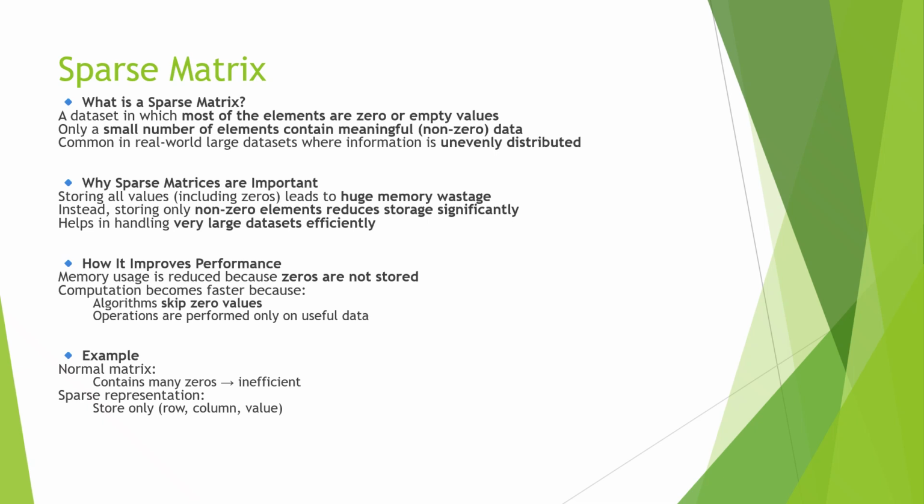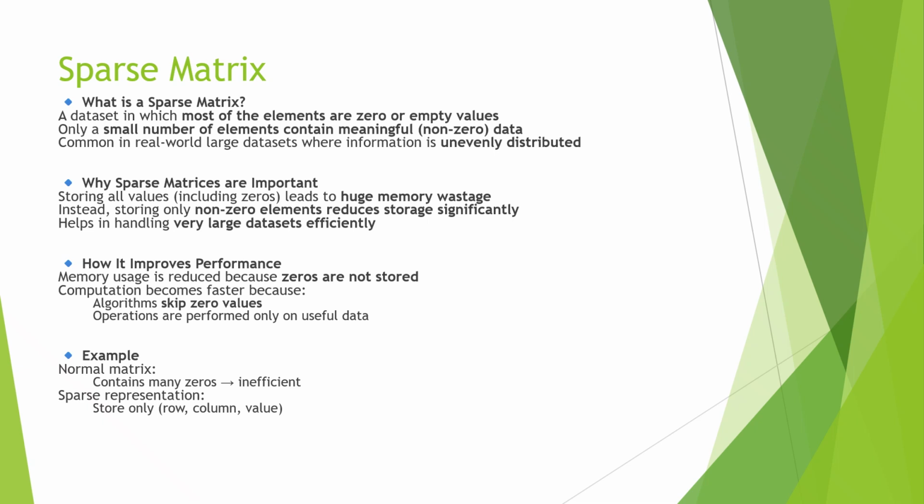Storing all values, including the large number of zeros, leads to significant memory wastage. To overcome this, sparse matrices store only the non-zero elements along with their positions, which drastically reduces storage requirements. This approach not only saves memory but also improves computational performance.